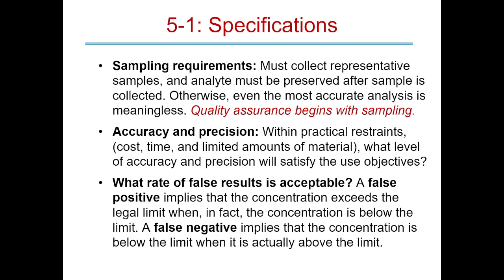It would have done you no good in organic chemistry. So what level of accuracy and precision will satisfy the use objectives? For example, if you're just testing if somebody has a minor disease that they're probably not going to die from, and they probably won't spread it to a lot of people and cause them to die, a 95% chance might be good enough, right?